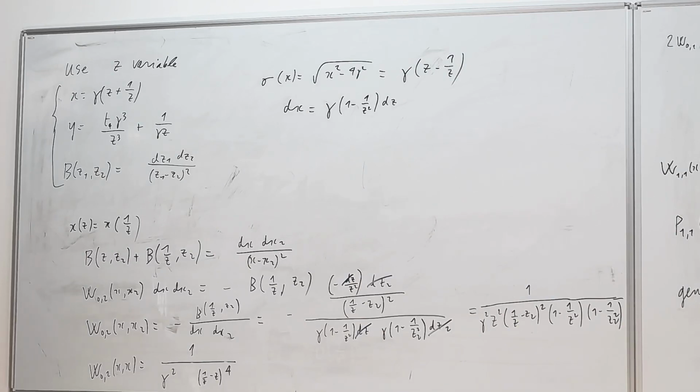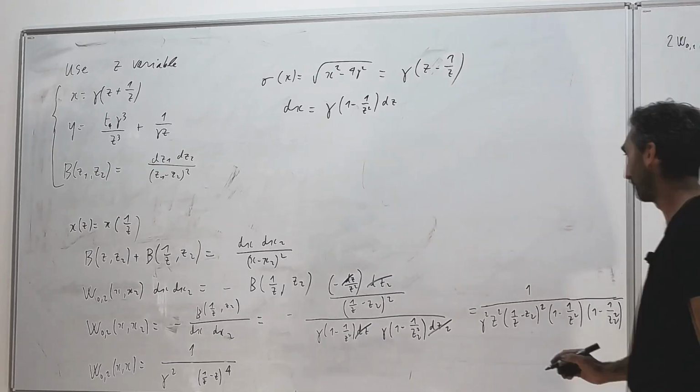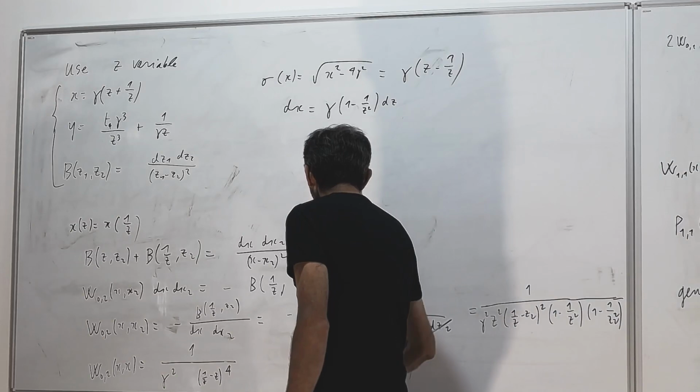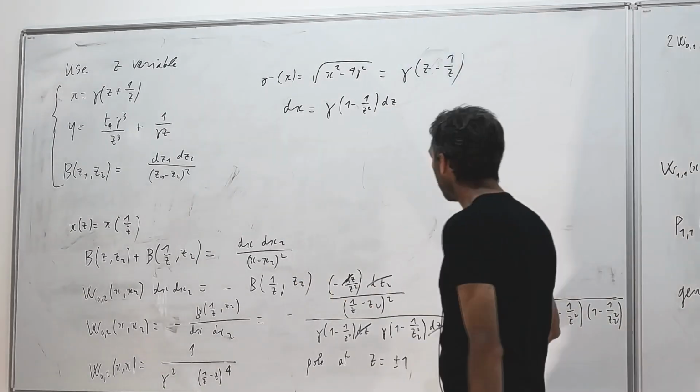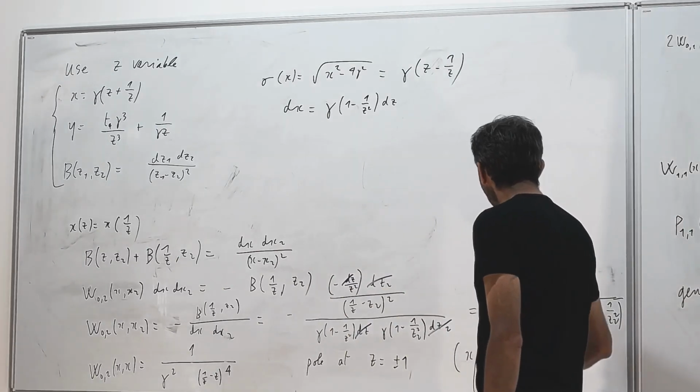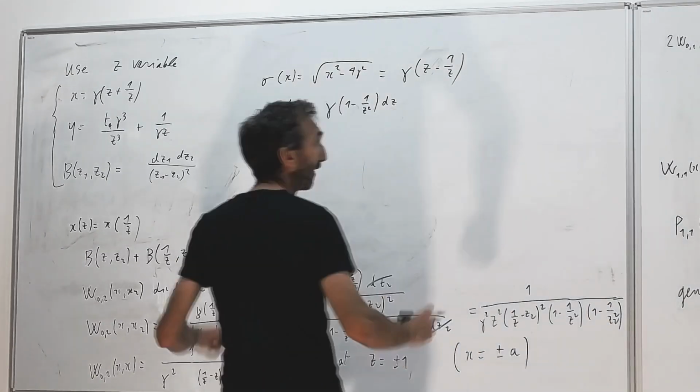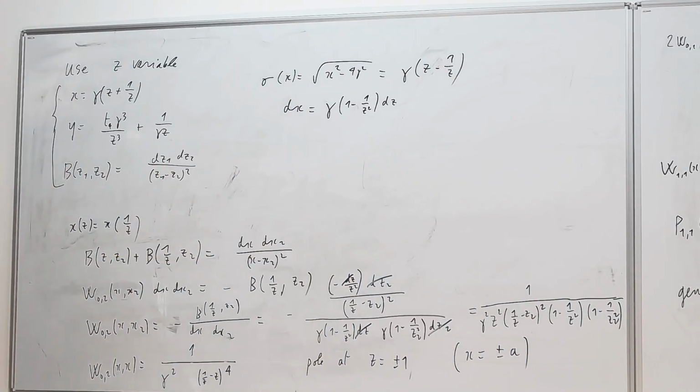The only thing I want to see is that there is a degree 4 pole at z equals 1 over z. So there is a degree 4 pole at z equals plus or minus 1. So pole at z equals plus or minus 1, which, if you remember, was x equals plus or minus a. So basically at the extremities of a branch cut. So this has poles at the branch points, and nowhere else.